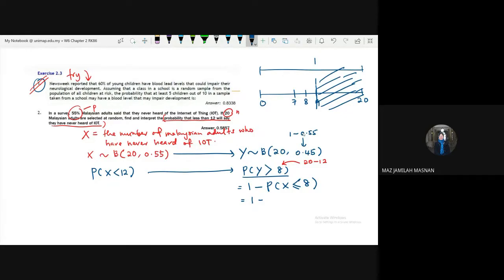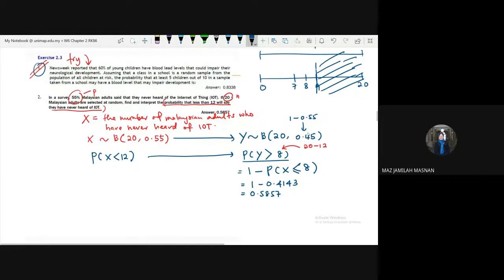N 20, p 0.45, look for 8. Someone? What is the value? 0.4143. Okay, thank you. And if you deduct this from 1, you will get 0.5857.